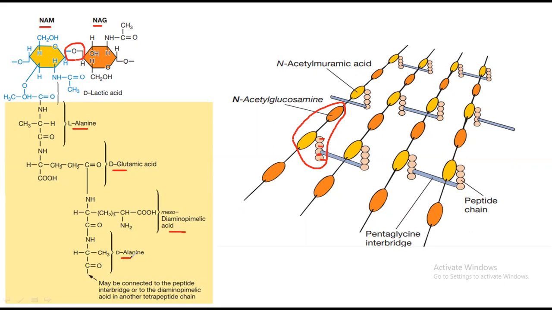Remember that in gram-negative bacteria, the third amino acid is diaminopimelic acid, and in gram-positive bacteria, it is replaced by L-lysine. Keep this difference in mind. It is important for MCQs, so you can solve them easily. In gram-positive bacteria, it is L-lysine, and in gram-negative bacteria, it is diaminopimelic acid. And this last one is D-alanine.